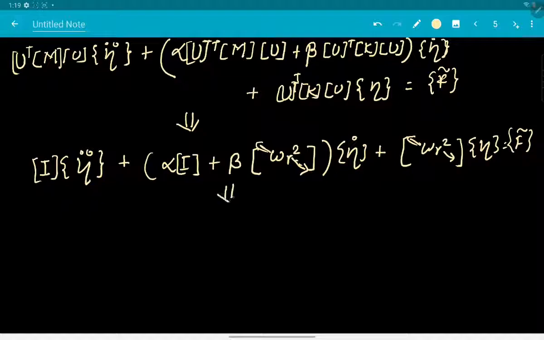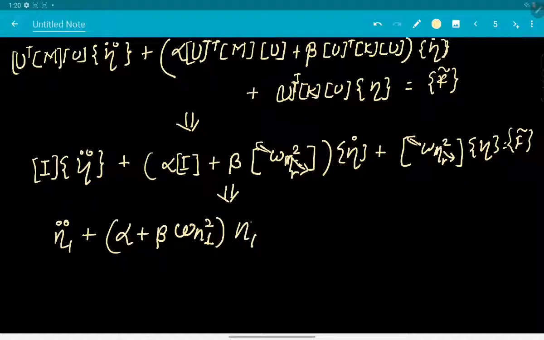Okay, so in our case, when we have a 2 degree of freedom system, I'll write it this way. I'll write individual equations: eta 1 double dot plus alpha plus beta times omega n1 square, this is omega nr, okay, times eta 1 dot plus omega n1 square eta 1 is equal to f tilde.